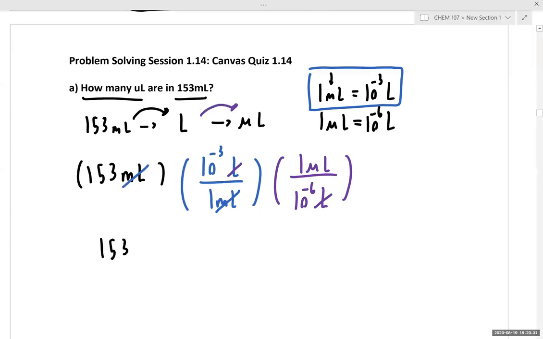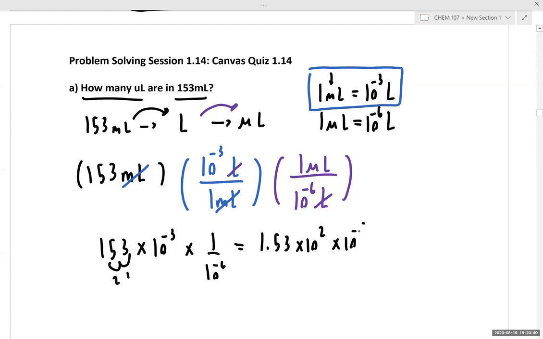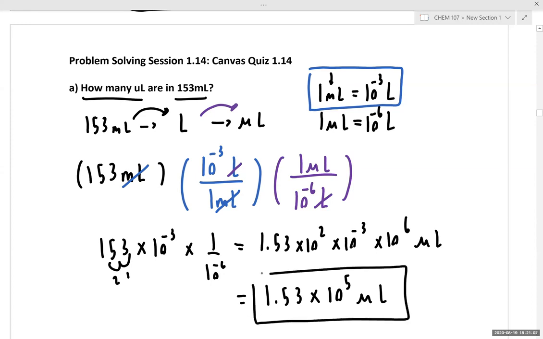We have 153 times 10 to the -3rd times 1 over 10 to the -6th. And we can write this as 1.53 times 10 to the 2nd times 10 to the -3rd times 10 to the 6th. If we add up our powers of 10, we get 1.53 times 10 to the 5th. And don't forget your units. These are microliters.